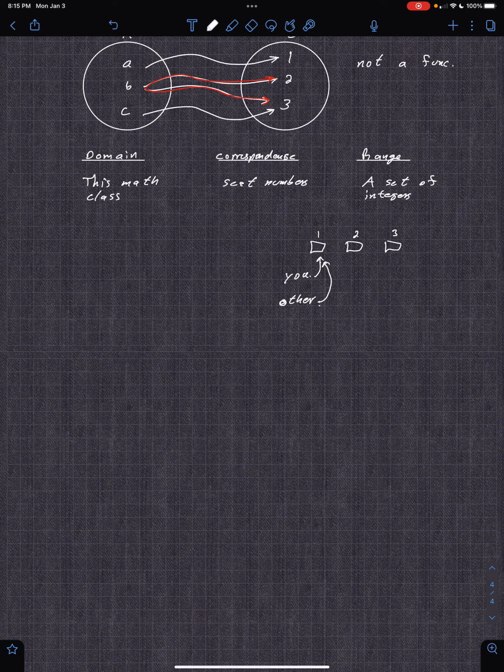But if you're using two desks, then that's not a function because you're corresponding to more than one of those desks.